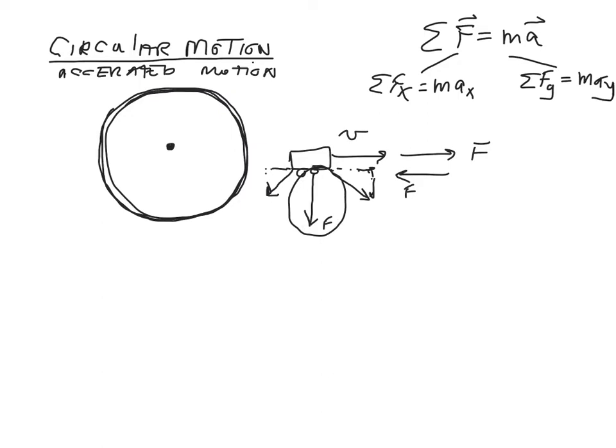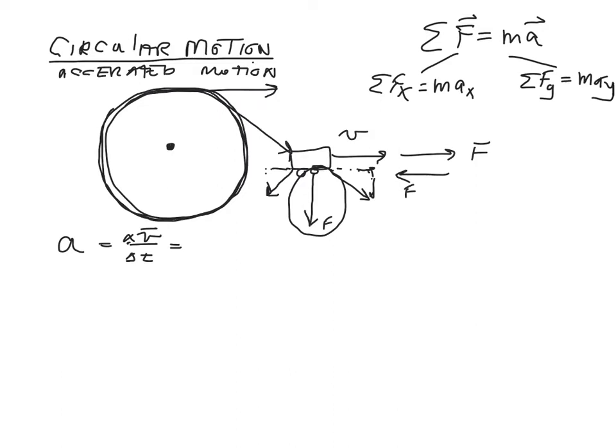And in the case of this situation, since there's no change in speed, remember acceleration is defined as the change in velocity over the change in time, which is v final minus v initial. But if the magnitude of the velocity isn't changing, only the direction is changing, watch what happens. So here's the velocity vector here, and a little bit later here's the velocity vector.